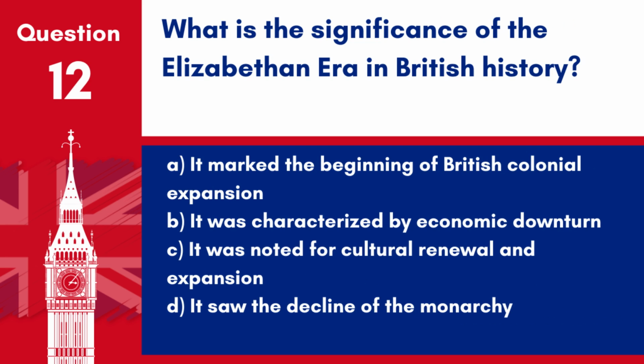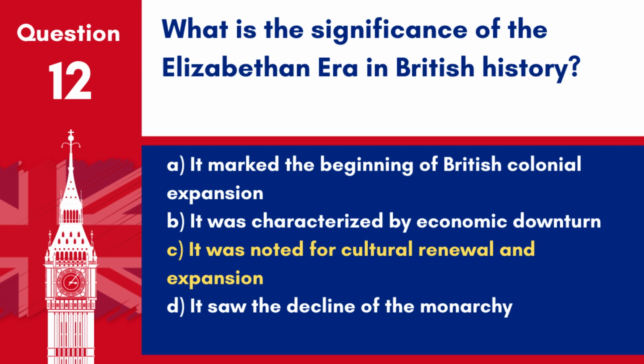Question 12. What is the significance of the Elizabethan era in British history? A. It marked the beginning of British colonial expansion. B. It was characterized by economic downturn. C. It was noted for cultural renewal and expansion. D. It saw the decline of the monarchy.